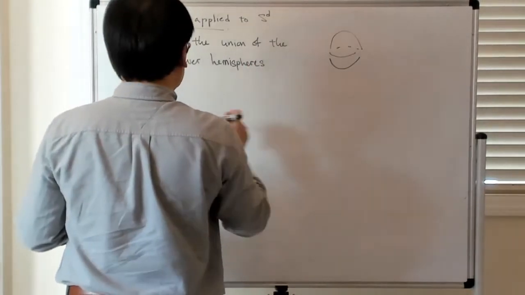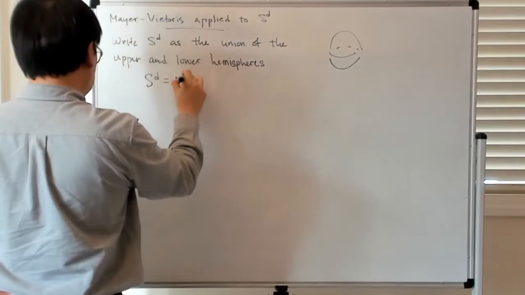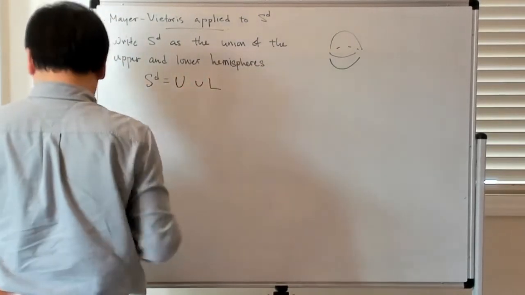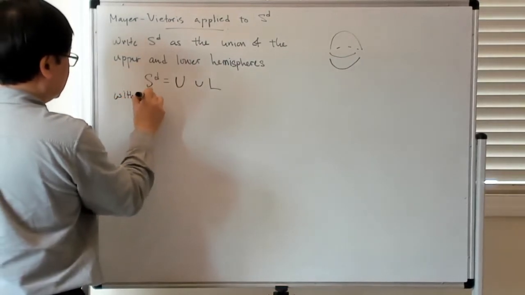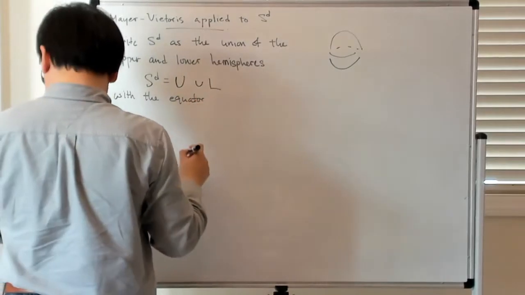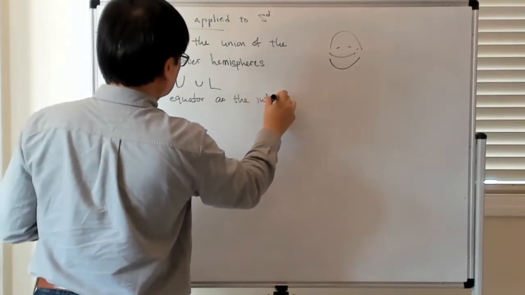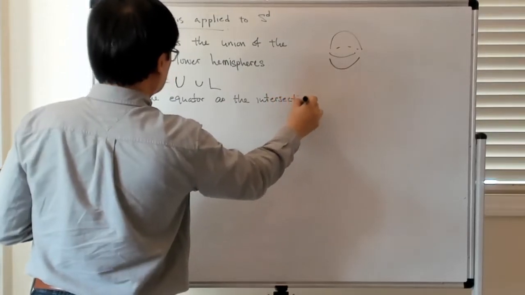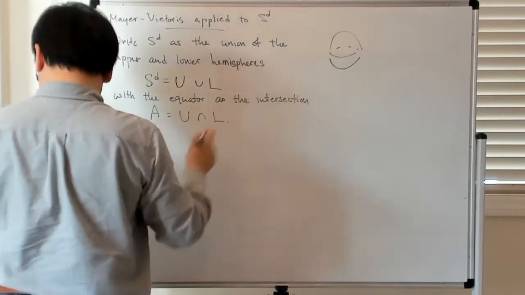Let's say S^d is U union L, upper and lower, with the equator as the intersection. Let's call that A, which is U intersect L.